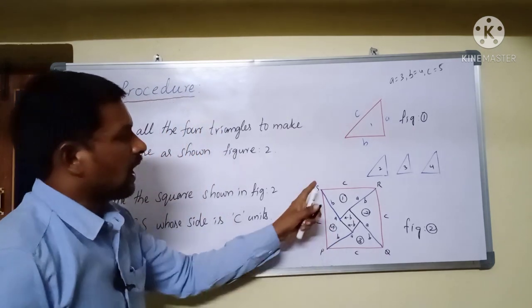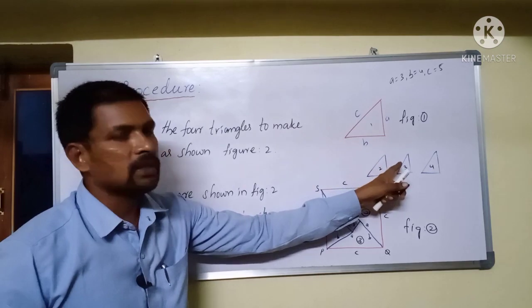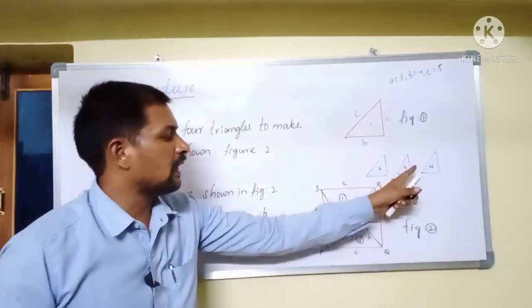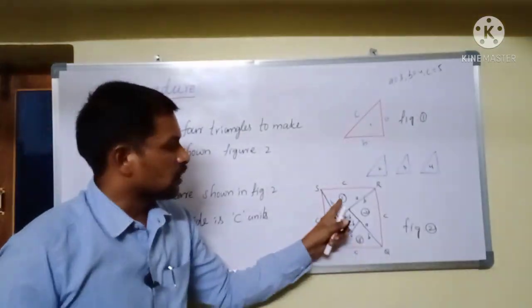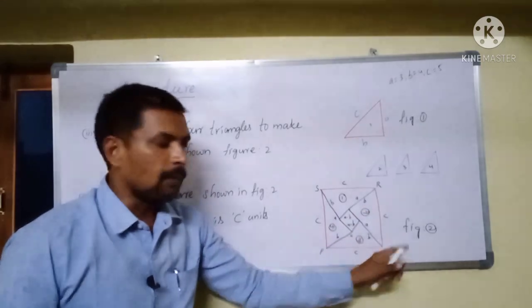If you adjust these 4 different colored right angle triangles like this, it looks like figure number 2.